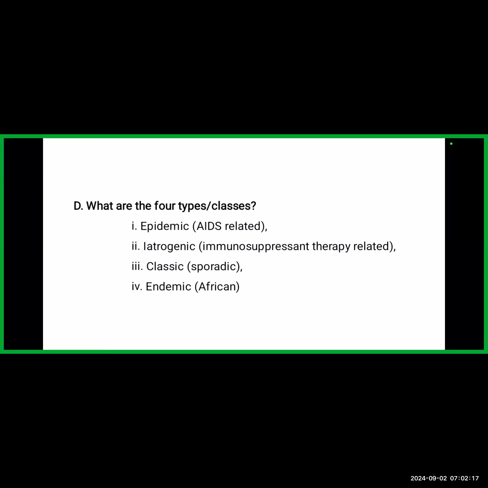Next slide. What are the 4 types? We have the epidemic or the AIDS-associated type. We have the iatrogenic or immunosuppressant therapy related. 3, classic or sporadic. And 4, endemic African type.